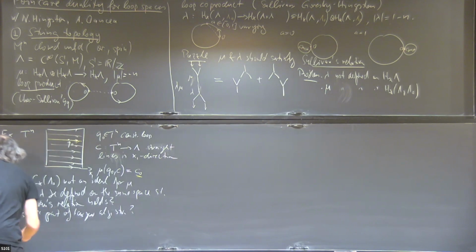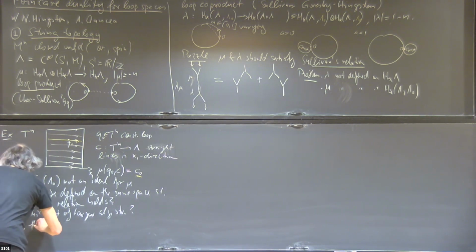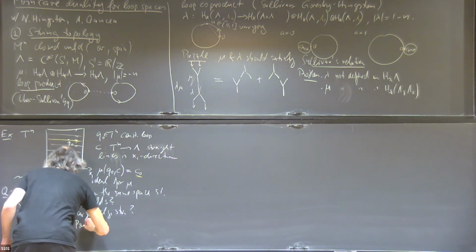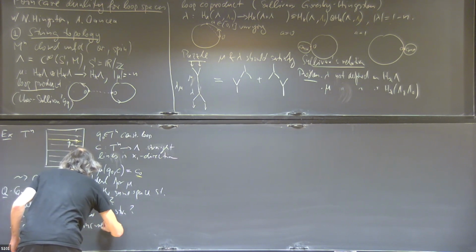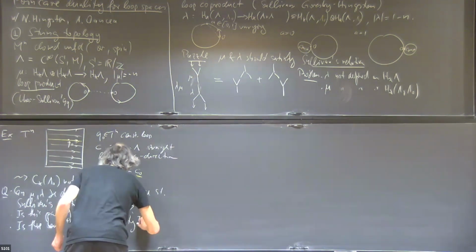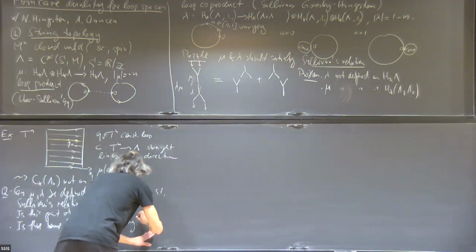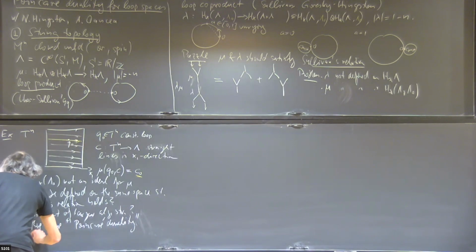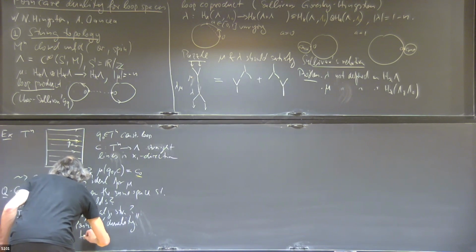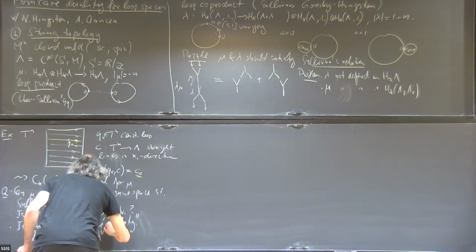And the third question I will address today is: is there some kind of duality, Poincaré duality, relating mu to lambda dual?